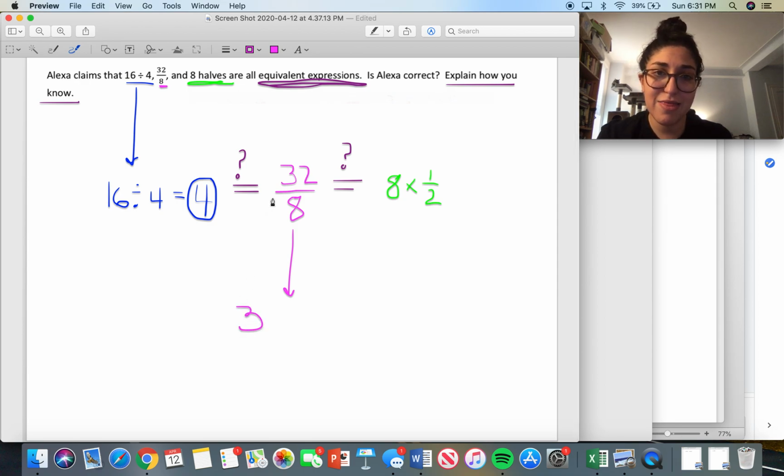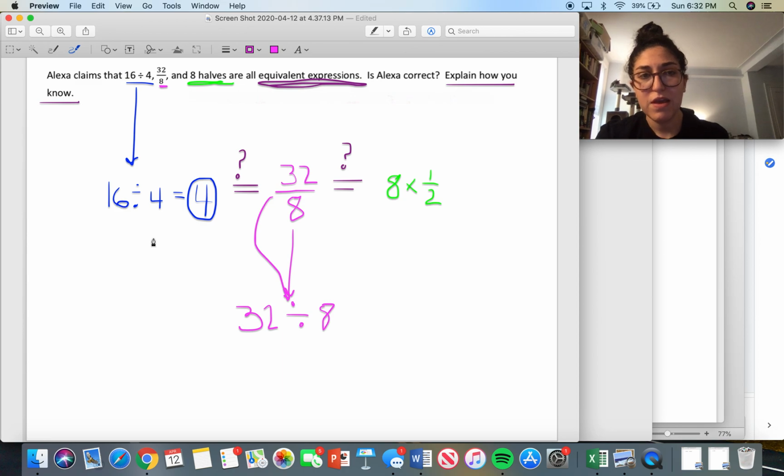In this case, instead of 16 apples, I have 32 apples, and instead of 4 bags, I have 8 bags. And let's even ask Alexa. Alexa, what is 32 divided by 8? 32 divided by 8 is 4.